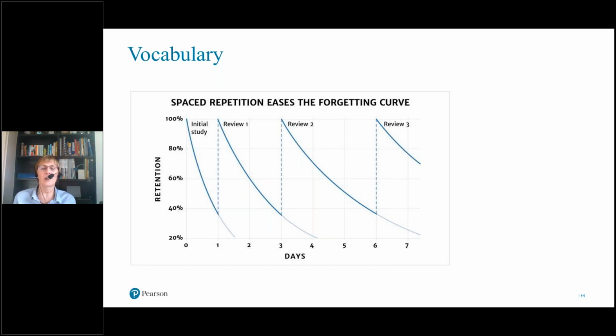So it's not the same looking at a word and studying it 6 times in the same day as looking at a word and then seeing it a few hours later, a few days later, and maybe a few weeks later.